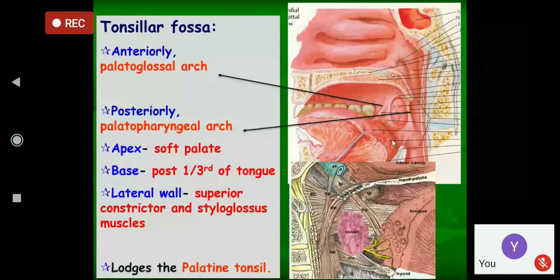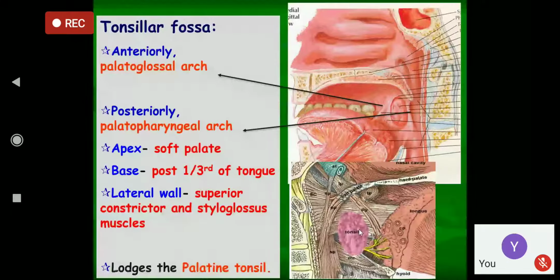Now I'll repeat once again the tonsillar fossa. Anteriorly, we have the palatoglossal arch. This one is the palatopharyngeal arch, which will form the posterior boundary. The apex is the soft palate, the base is the posterior one third of the tongue.